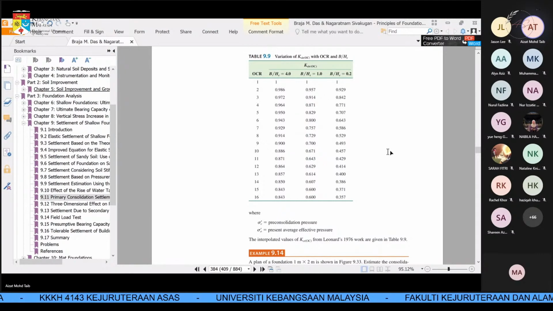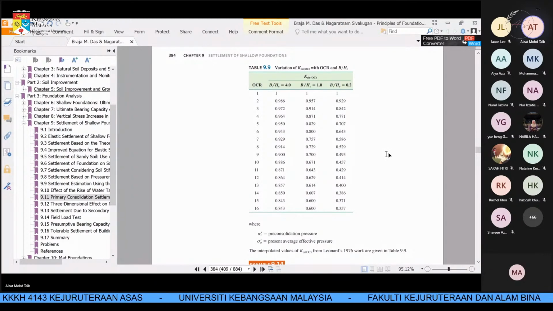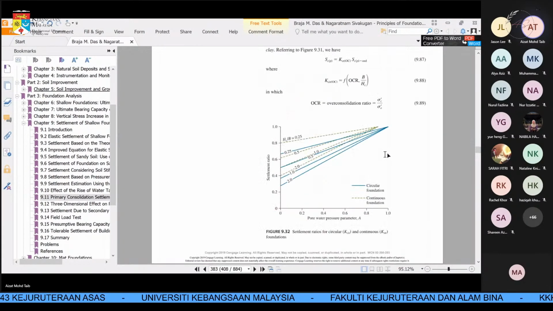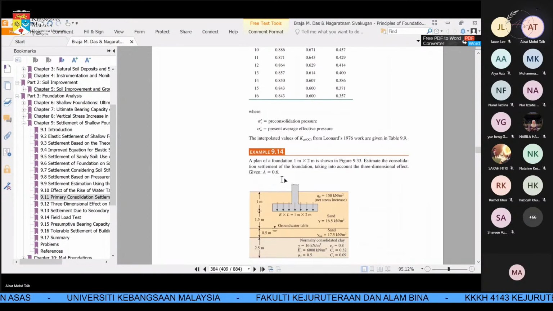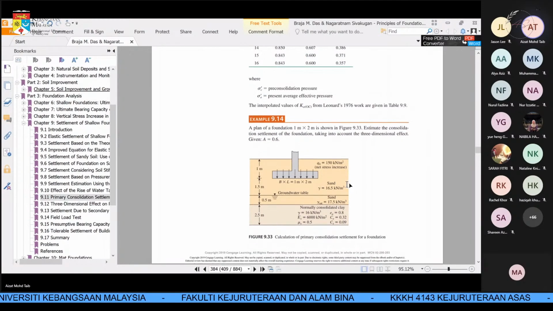In case I would like you to do assignment, I might ask you to do assignment on this existing example. Okay, so you just have to restart to study and recalculate example 9.14, but you might have to learn ni lah on your own about the 3D.